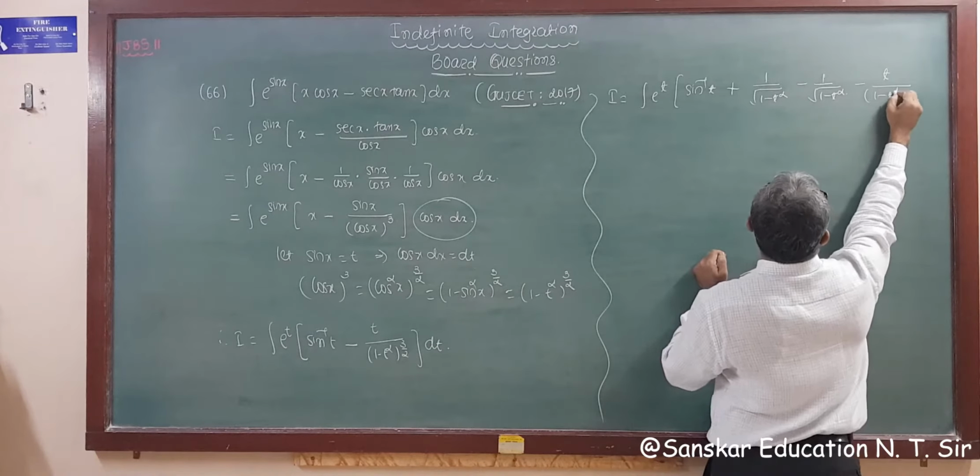This is the integral of sin 10x into sin raised to 9x into cos x dx, plus the integral of cos 10x sin raised to 9x and sin x dx.